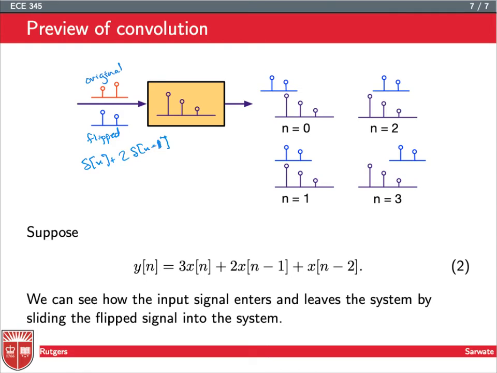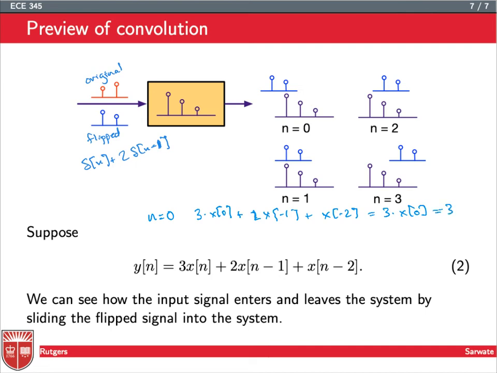Basically you can see what happens first: at n equals 0, we have 3 times x of 0 plus 2 times x of minus 1 plus x of minus 2. So that's just 3 times x of 0, and that's equal to 3.